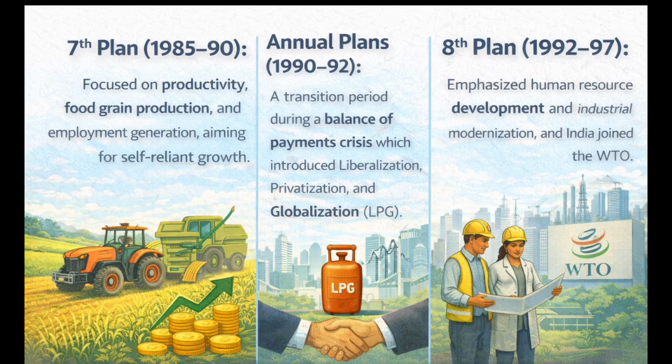Seventh Plan 1985 to 1990 focused on productivity, food grain production, and employment generation, aiming for self-reliant growth.